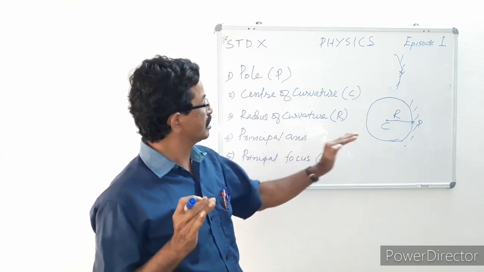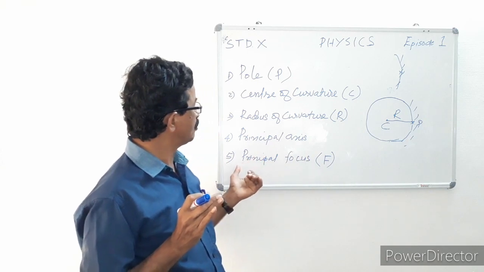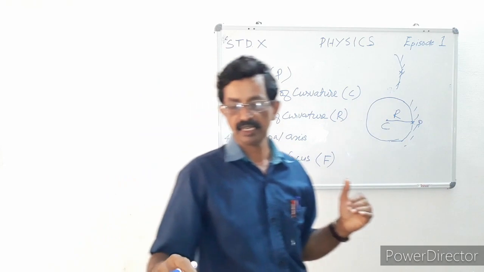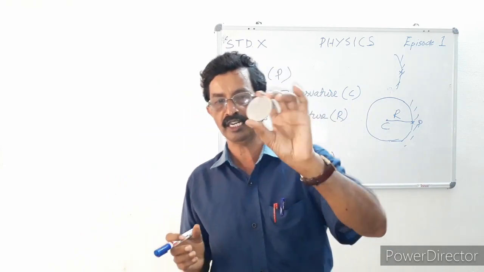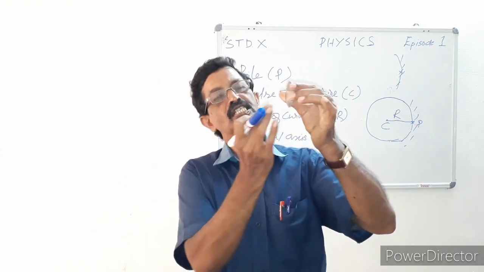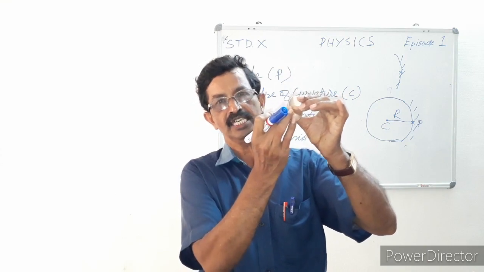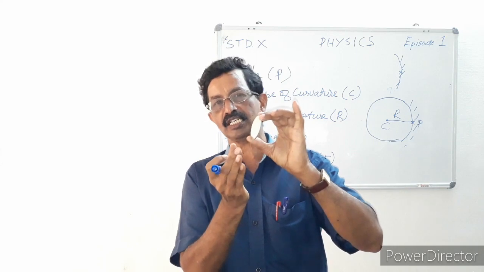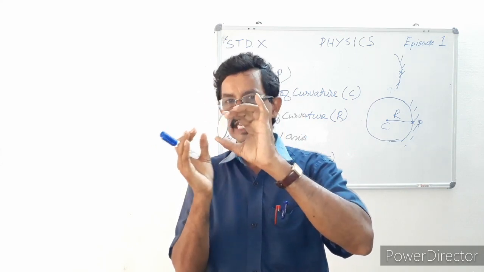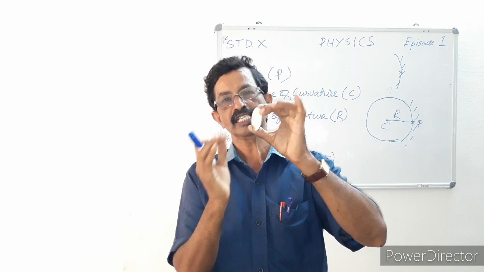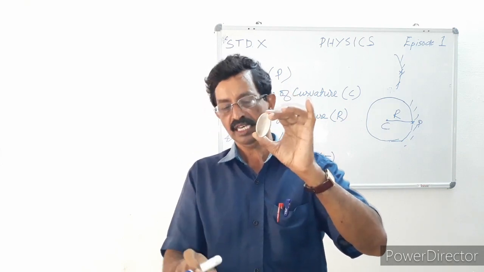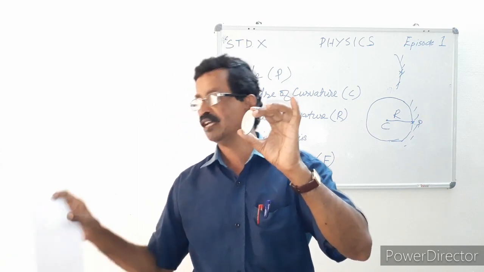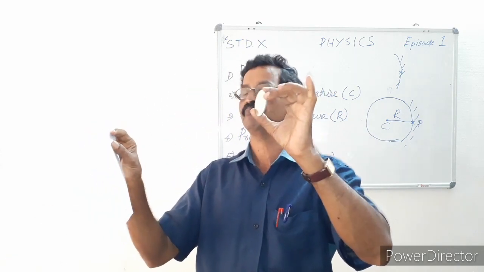Now, the next term related to this is the principal focus. You see, this is a concave mirror because its reflective surface is inverted. Now you can do one activity: hold this concave mirror towards the bright sun, on a bright sunny day, not a cloudy day. You can focus its image, a bright spot, on this paper.